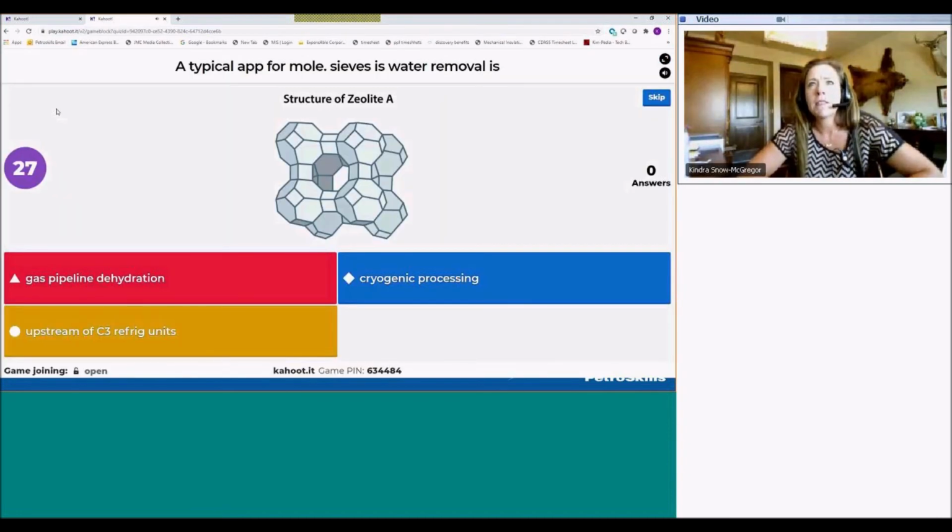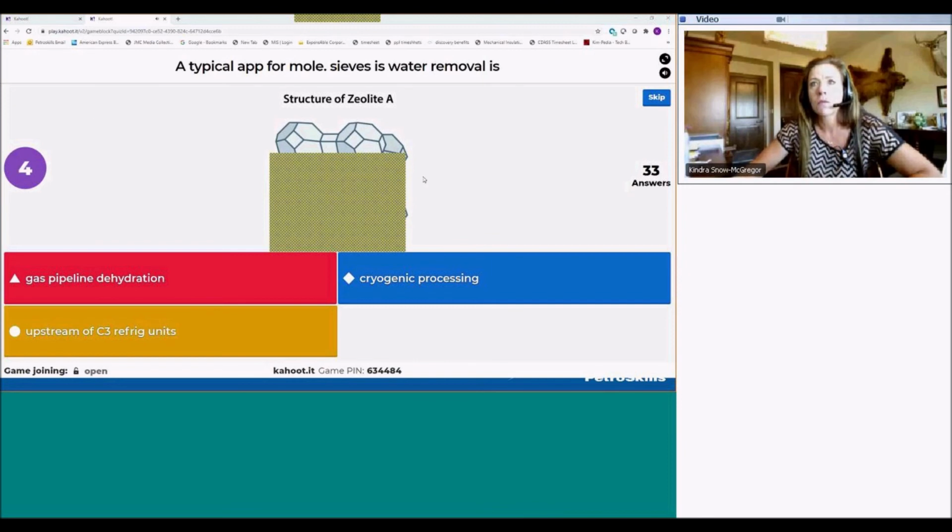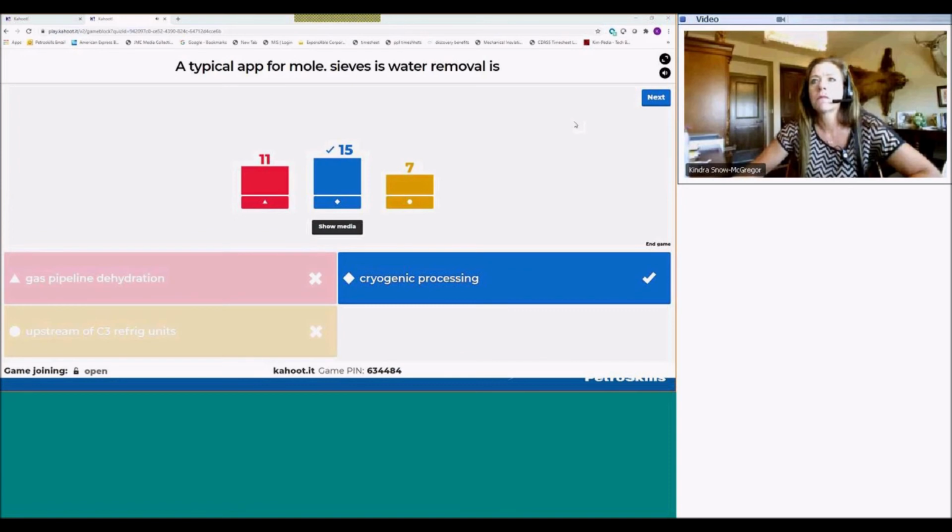All right, so that's a typical application for molecular sieves. A typical application for molecular sieves for water removal is cryogenic processing only.